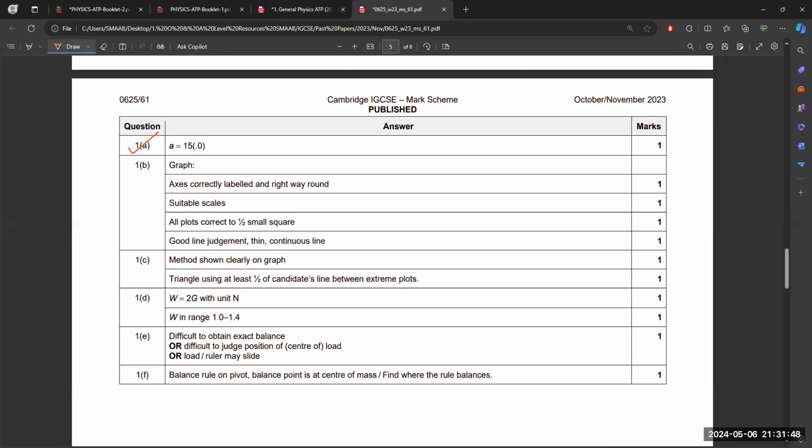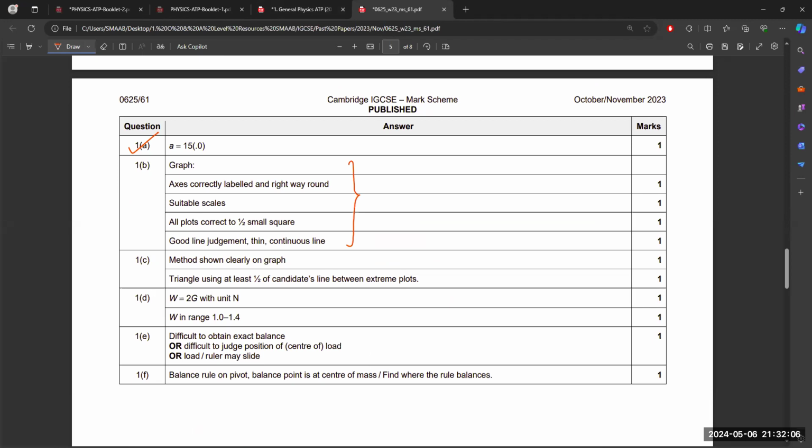The first value, 15, is correct. And for the other one, you can see all the points, good line judgment, thin continuous line, all plots correct to half a small square, suitable scale, axis correctly labeled, right way round.